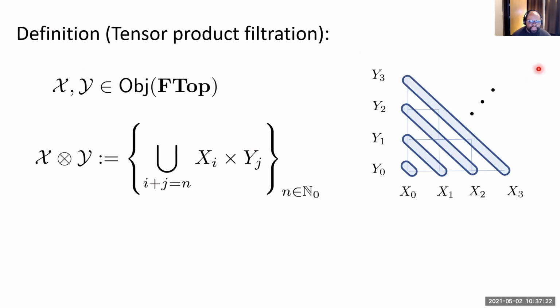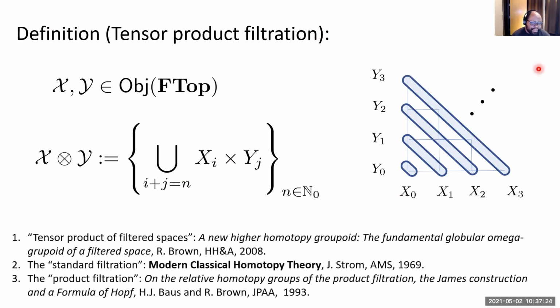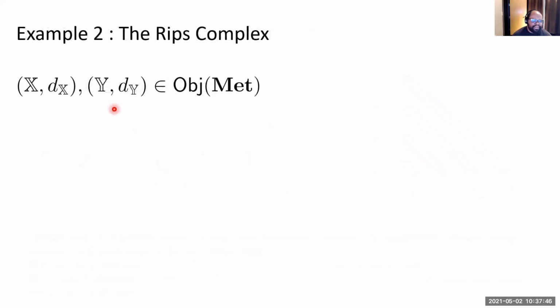This is actually an old filtration. Some people call it the tensor product of filtered spaces, the standard filtration, the product filtration. We're just going to call it the tensor product filtration. And again, the motivation comes from CW complexes. Here's another example.